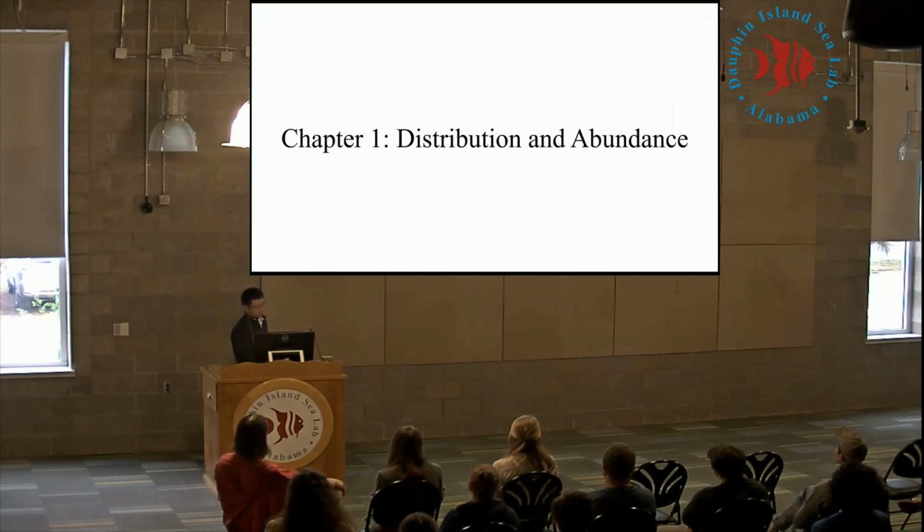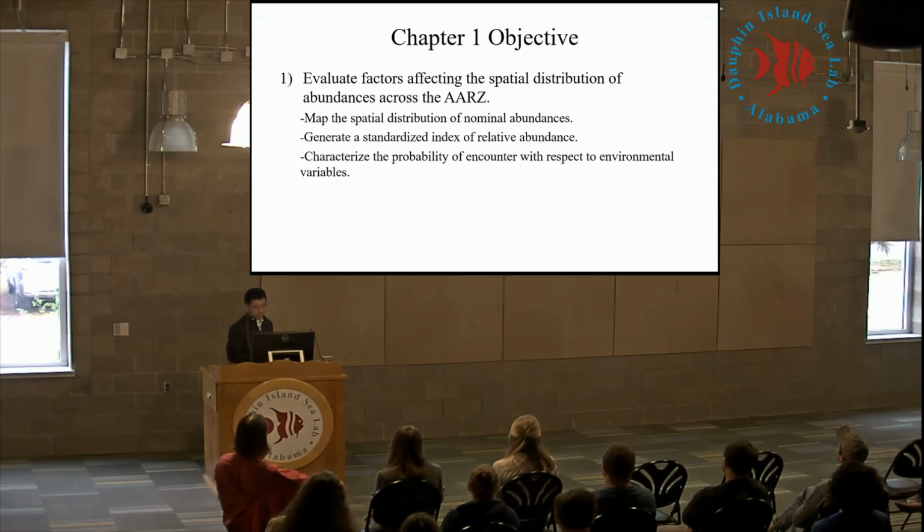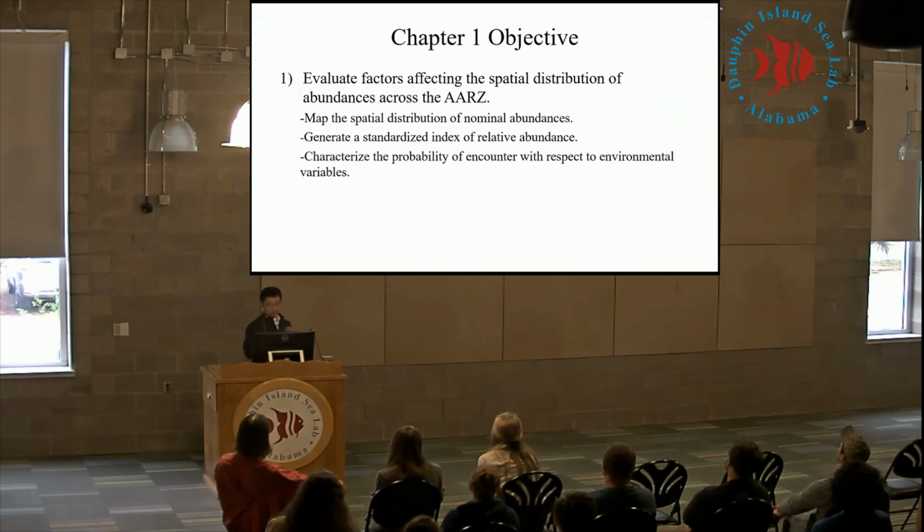In particular, I'll be looking at their reef use as well as their habitat preferences in that zone, as well as an age and growth study, because age and growth studies have been done on this species before for the Gulf. However, most of those are skewed towards Louisiana fish and Florida fish, so they're highly underrepresented in age and growth studies in this region. So again, my first chapter is going to be on distribution and abundance.